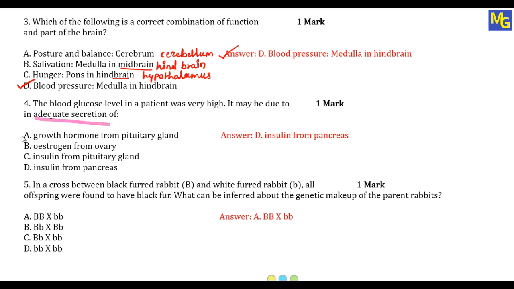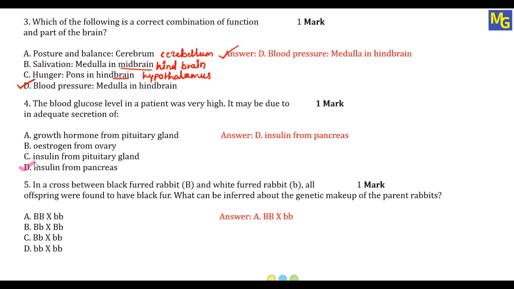Option A is growth hormone from pituitary gland. Option B, estrogen from ovary. Option C, insulin from pituitary gland. Option D is insulin from pancreas. The glucose level in the blood is controlled by the hormone insulin, which is secreted by the pancreas, and therefore this is the correct option.